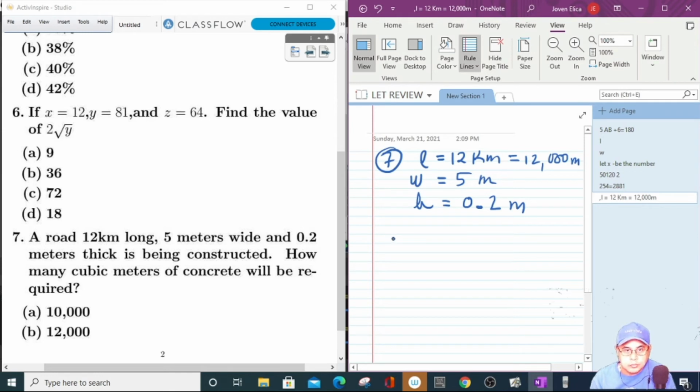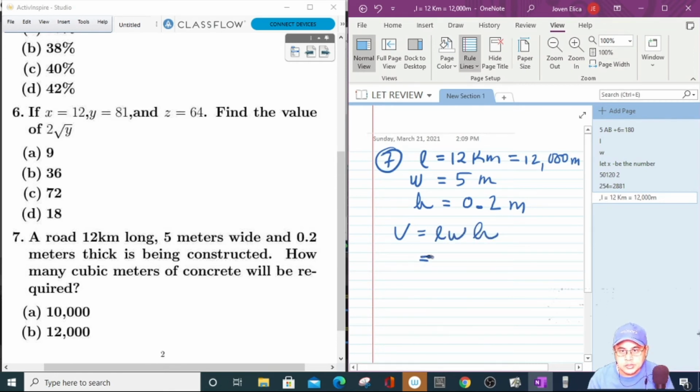The question asks how many cubic meters, so it's asking for the volume of the rectangular road. This is length times width times height.